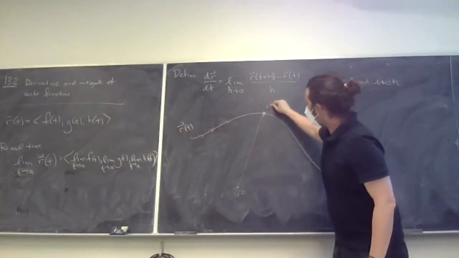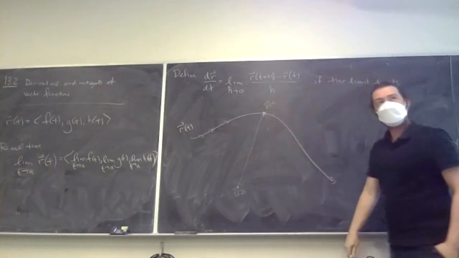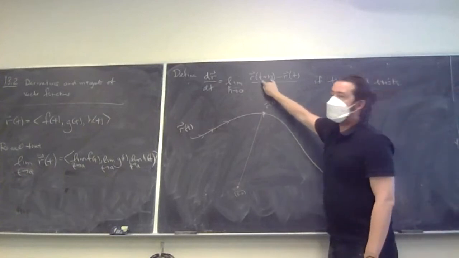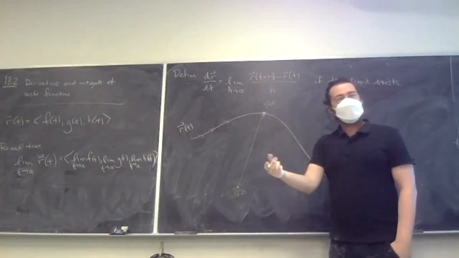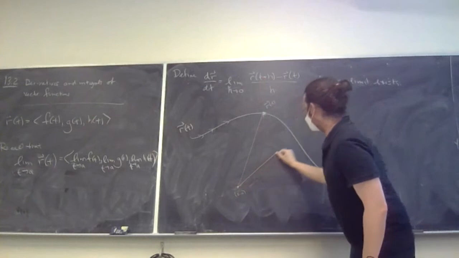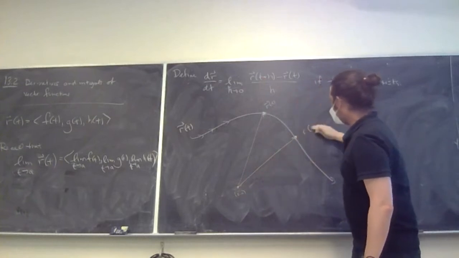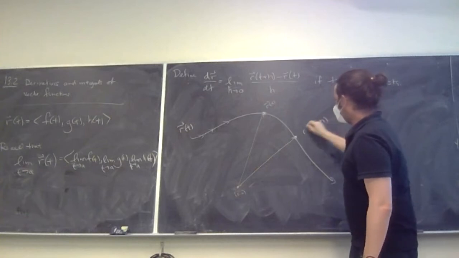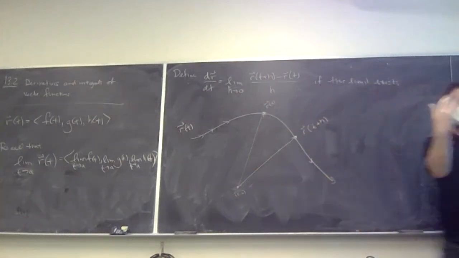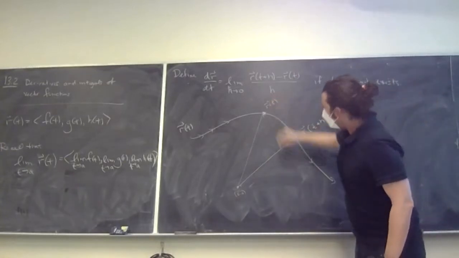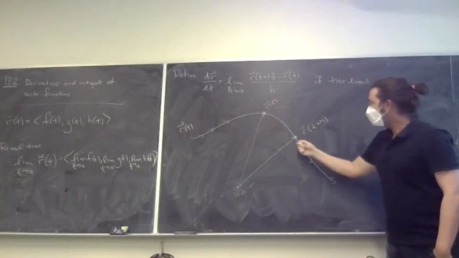That point right there, you can think of as being R of t. If you advance time a little bit, so time moves along by h units, then you're going to get a different vector. This vector right here is R of t plus h. You're further along the curve. The particle has slid further down. So here's R of t, and here's R of t plus h.